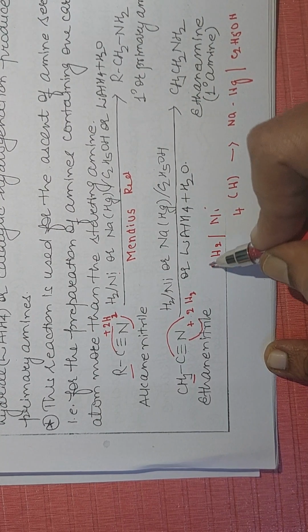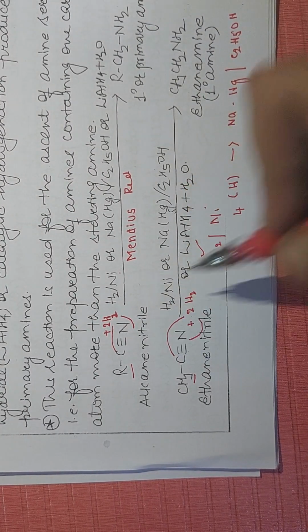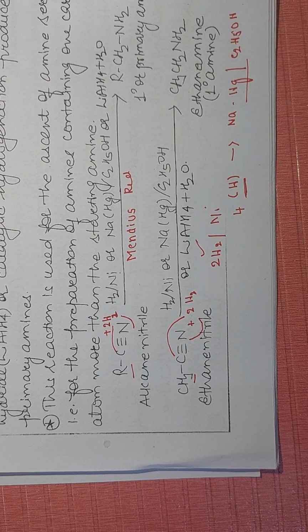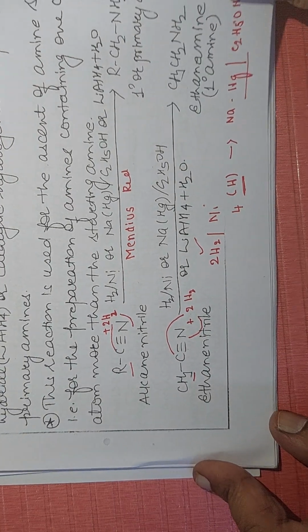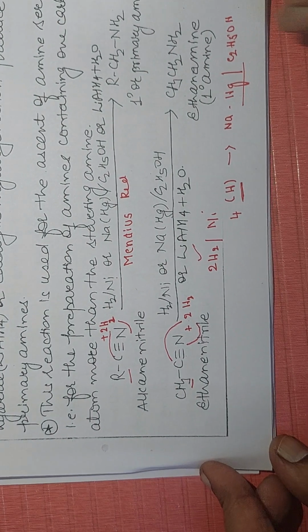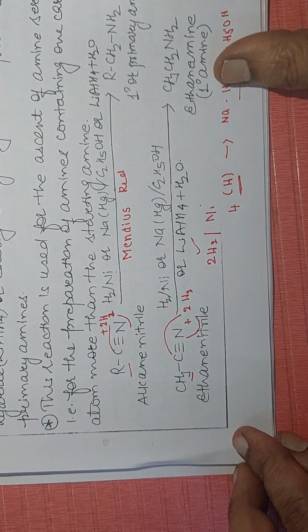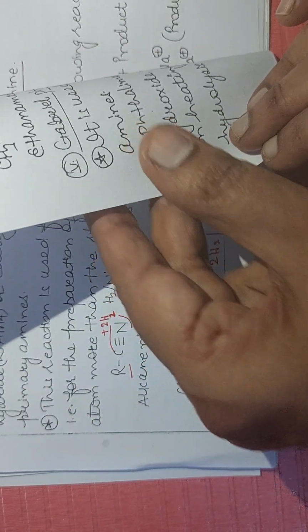When you add hydrogen in the presence of nickel, it is known as addition of hydrogen. When you add this nascent hydrogen produced from this, it is known as reduction of nitriles, Mendius reduction. And in the place of R, you can use even C6H5 also.